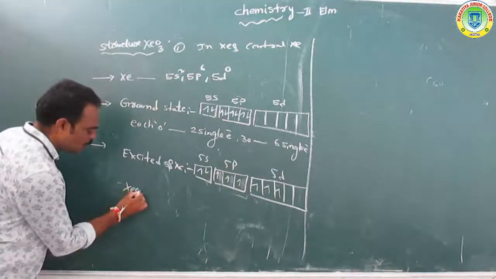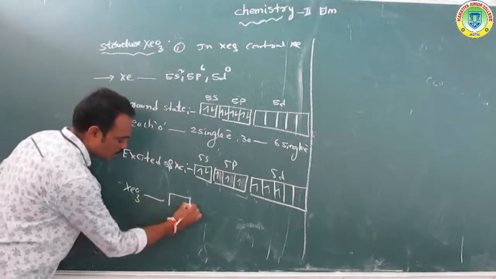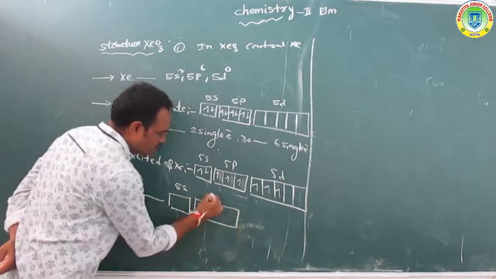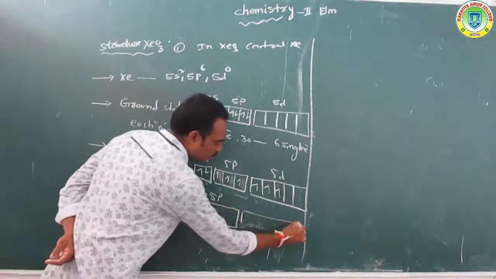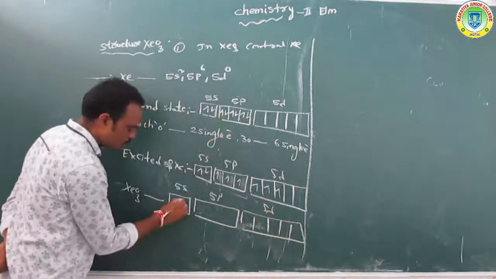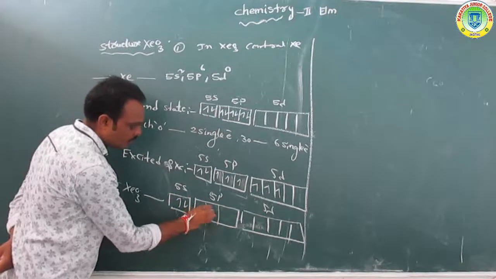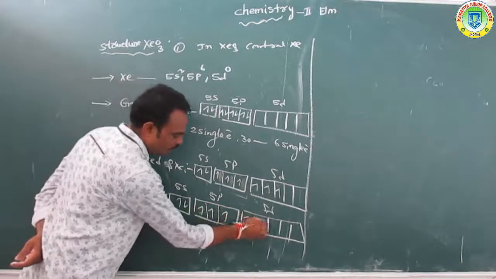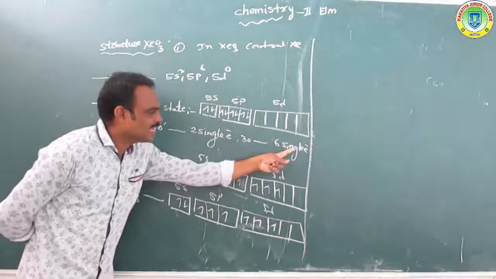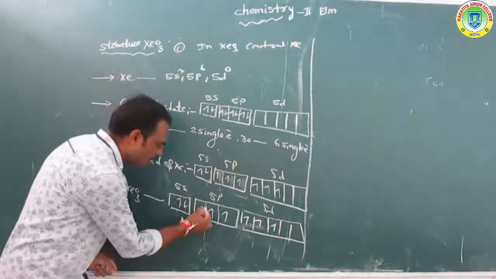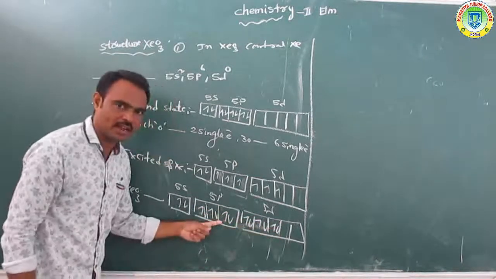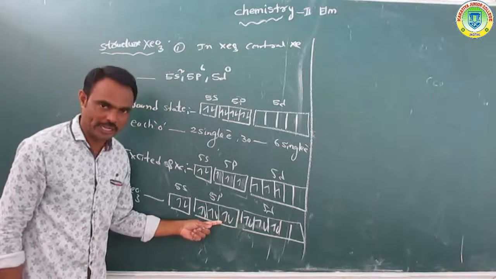What is the formation of XeO3? This is the 5s orbital, the 5p orbital, next the 5d orbital: 2 electrons, then single electrons. Overall the 6 single electrons of 3 oxygen atoms bond with the 6 single electrons of xenon to form XeO3.